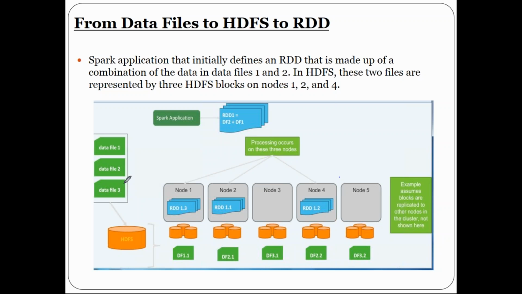Though you have 3 data files, we are only talking about this one and this one. Your data file 1 is on this node with only 1 block. But your data file 2 is divided into 2 blocks, 2.1 and 2.2. This is on node 2, this is on node 4.